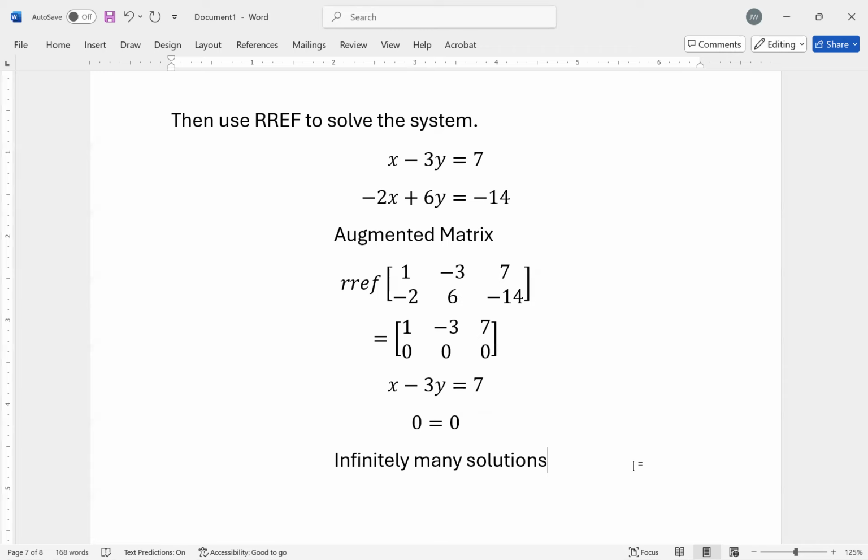So there you go. Augmented matrix. We can solve a system of equations by creating an augmented matrix and putting that augmented matrix into row reduced echelon form. In most cases, I can just read out the solution. And then we have a couple of unique cases in which we end up with the infinitely many solutions or no solutions scenario.